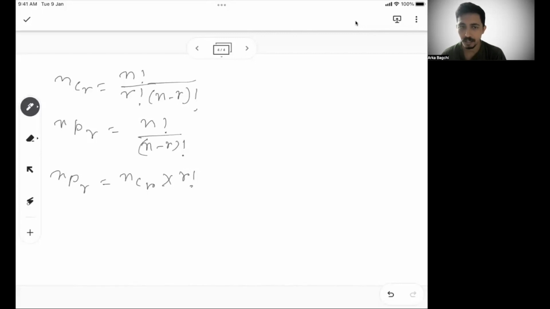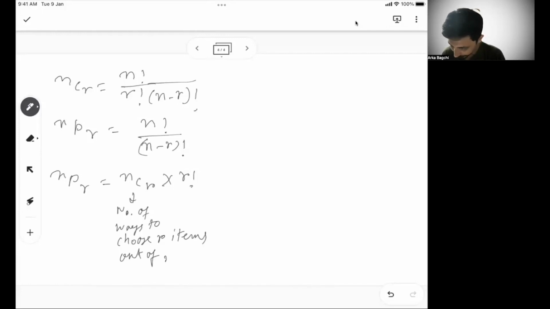NCR is talking about the choices you make, the number of ways to choose r items out of n, and the factorial r part talks about arranging the selected r items internally.